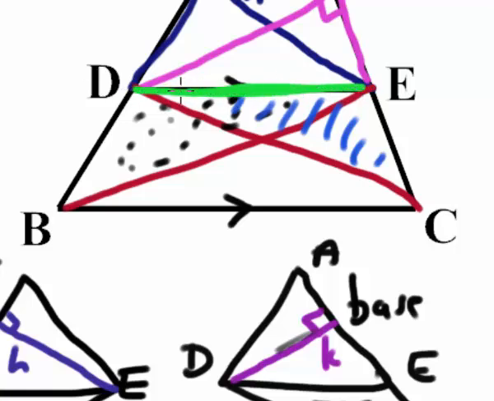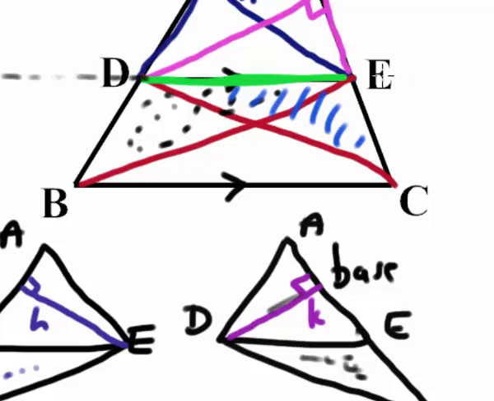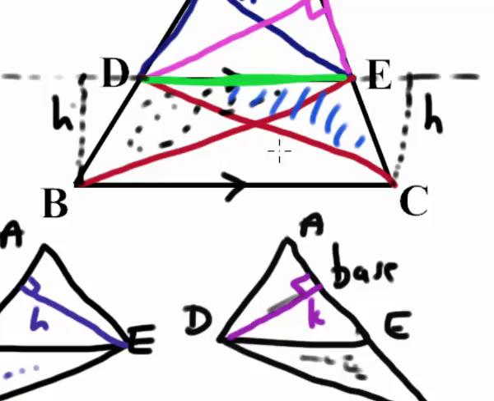They lie between parallel lines, but now look at this. If I extend these parallel lines a little bit, the height of BDE is that line, and the height of BEC is this one. So they have the same heights as well. Do you see that there? And they lie between parallel lines.